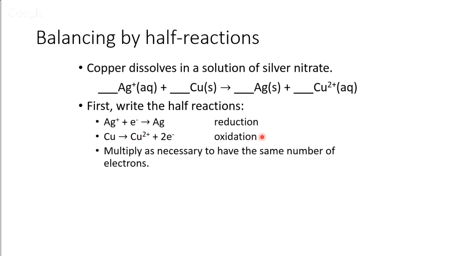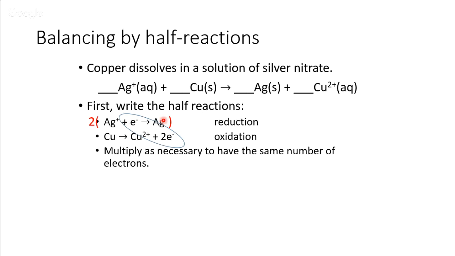To balance the equation, we need to have the same number of electrons for each half reaction. So we need to multiply the silver equation by 2 to have 2 electrons. By multiplying by 2, we'll have 2 silver plus 2 electrons gives us 2 silver atoms.